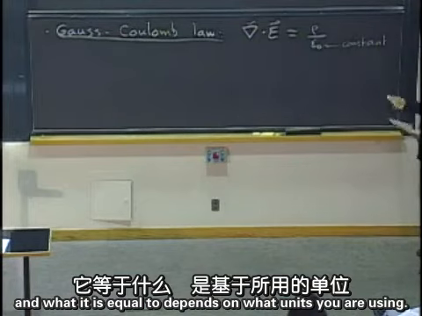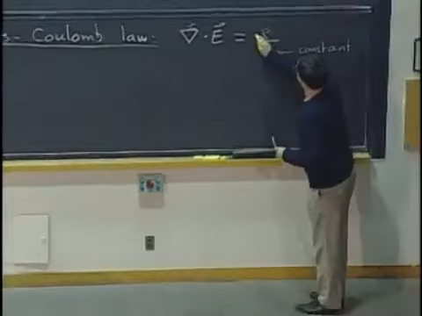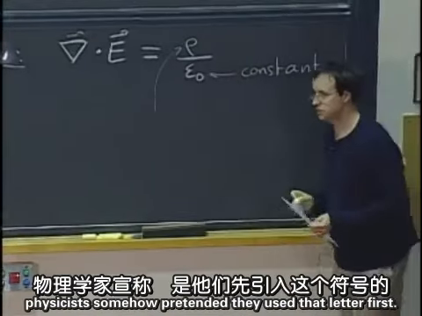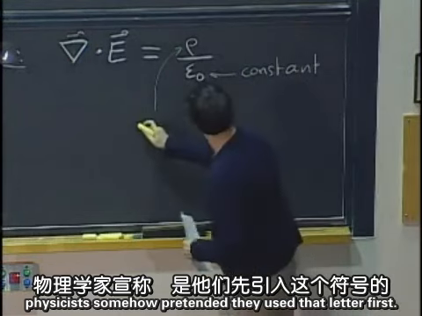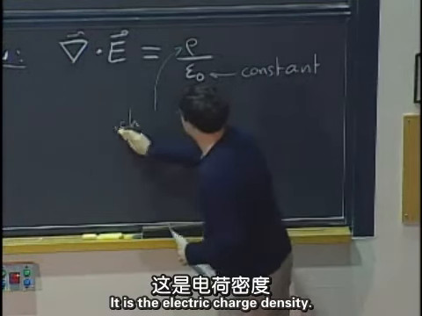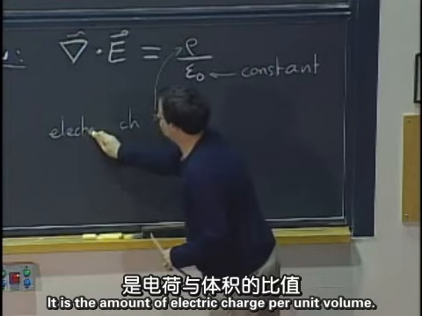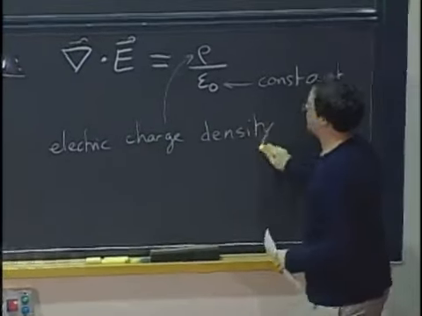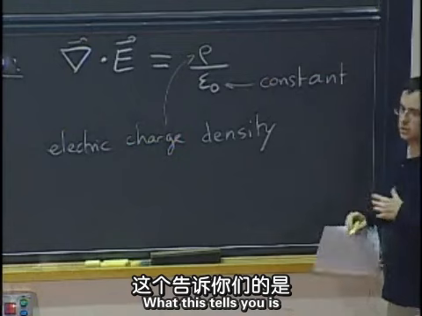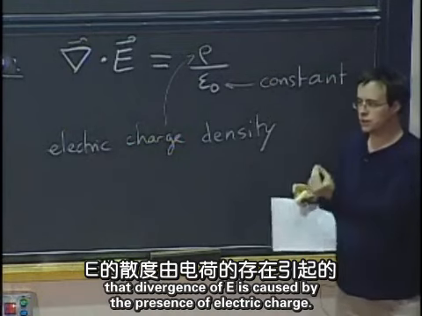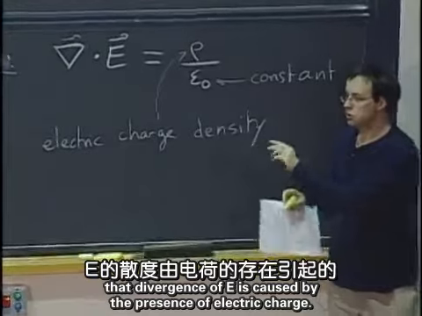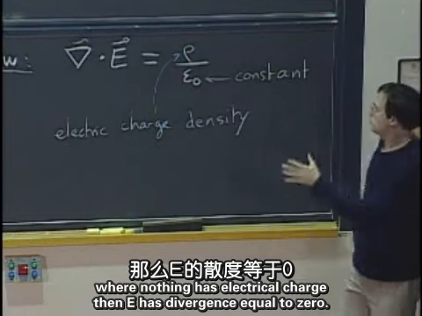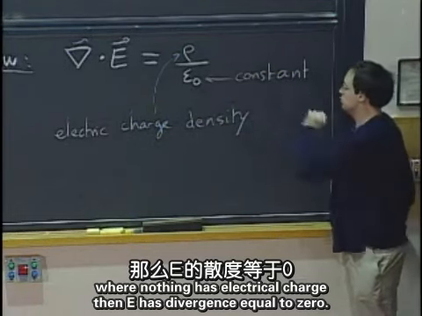What it's equal to depends on what units you're using. And this guy, rho, well, it's not the same rho as in spherical coordinates because physicists somehow patented the use of that letter first. It's actually the electric charge density. So it's the amount of electric charge per unit volume. So what this tells you is that divergence of E is caused by the presence of electric charge. In particular, if you have an empty region of space, or a region where nothing has electrical charge, then E has divergence equal to 0.